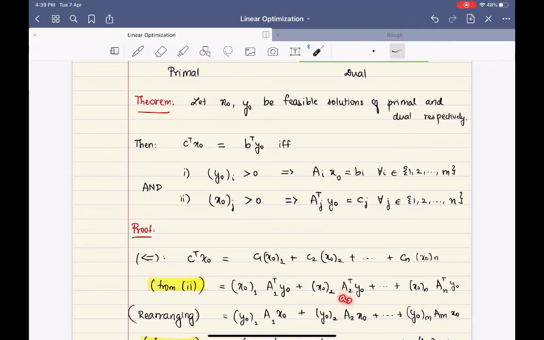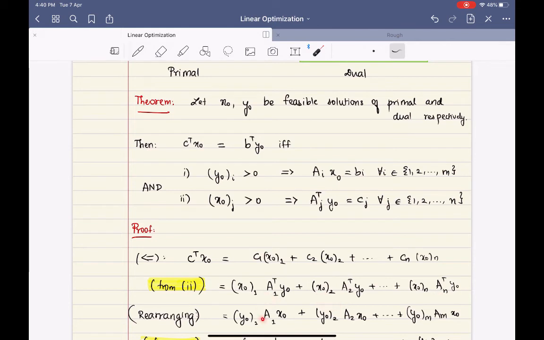So A21 times y01, and here this is the nth row of A transpose, hence the nth column of A, which will be A1n times y01, right? So here it was A11, here it was A12, and here it was A1n.